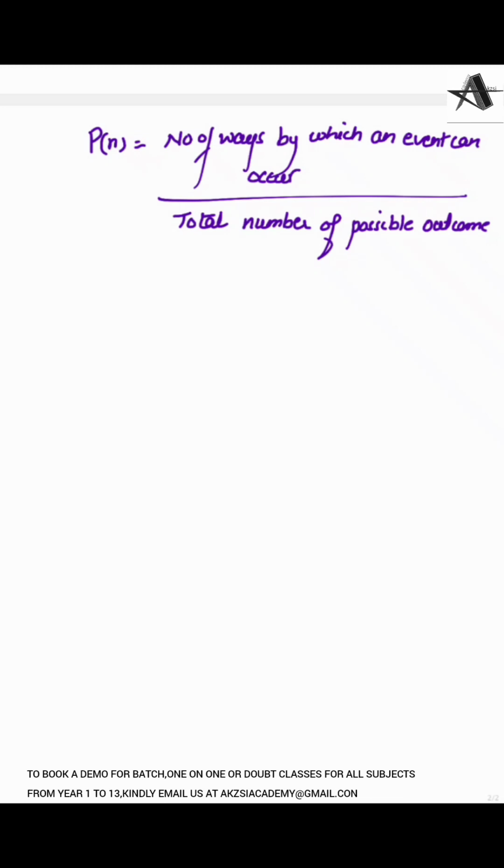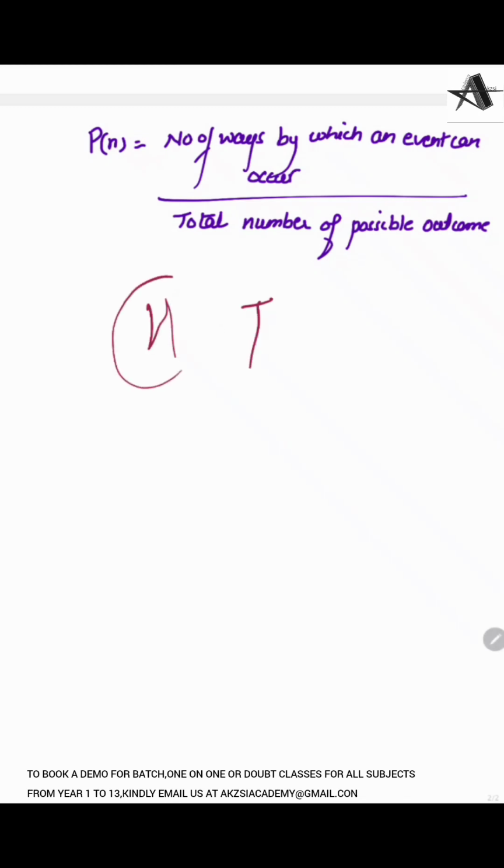So if you want to know the probability of heads, or the probability of getting tail, or the probability of getting one on a dice, then either you are flipping a coin or rolling a dice, and that would be your experiment. Event means all the possible ways. Suppose I'm flipping a coin, I can get either head or tail.